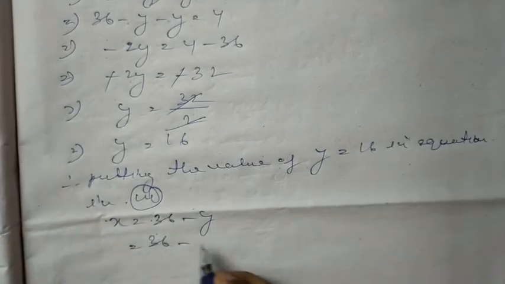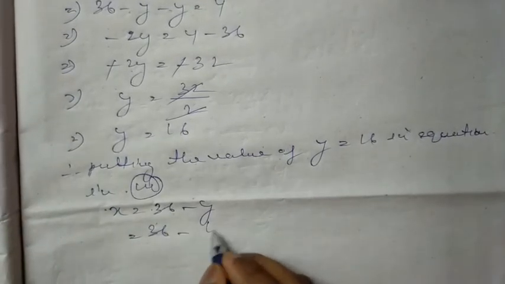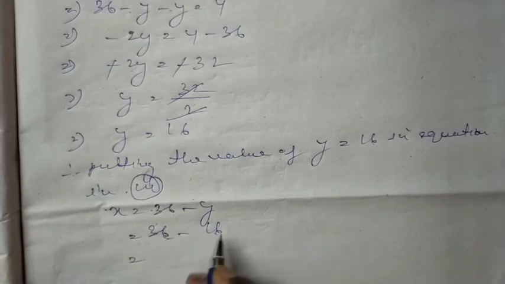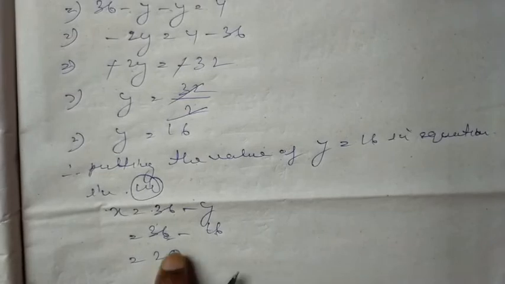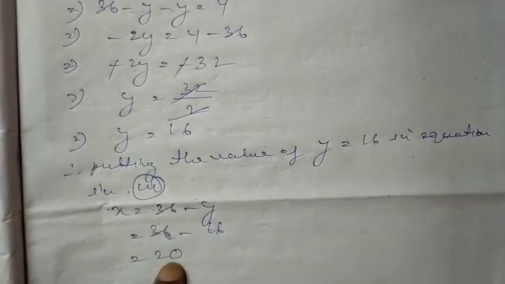What is our y value? 16. So if I subtract, I get 0 and this 2. So y value is 16 and x value is 20.